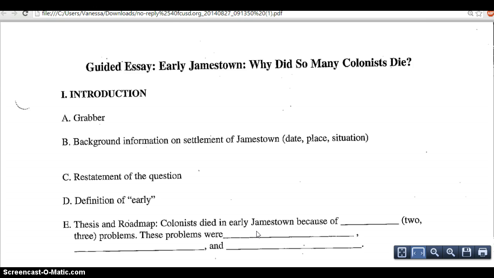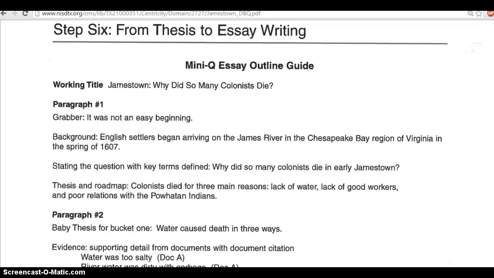Or bad relations with natives, you write that here. Or if you chose environmental problems, you'd write that here. And then your other 2 reasons would go in this space and this space. So if you need help, you can copy this example. Colonists died for 3 main reasons: lack of water, lack of good workers, and poor relations with the Powhatan Indians. Copy that down now or make up your own.